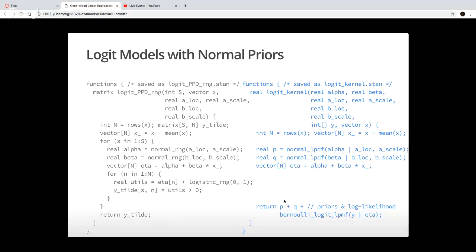And then at the end, when I return, there's no loop or anything like that. It's just we're returning the sum of the log prior densities and the log likelihood. So we've got P and Q from the priors, and then there's a likelihood statement saying use a Bernoulli likelihood with a logit link function for the outcomes, evaluated at the utility values which are captured in eta, utility being a function of the intercept and slope that I'm estimating.